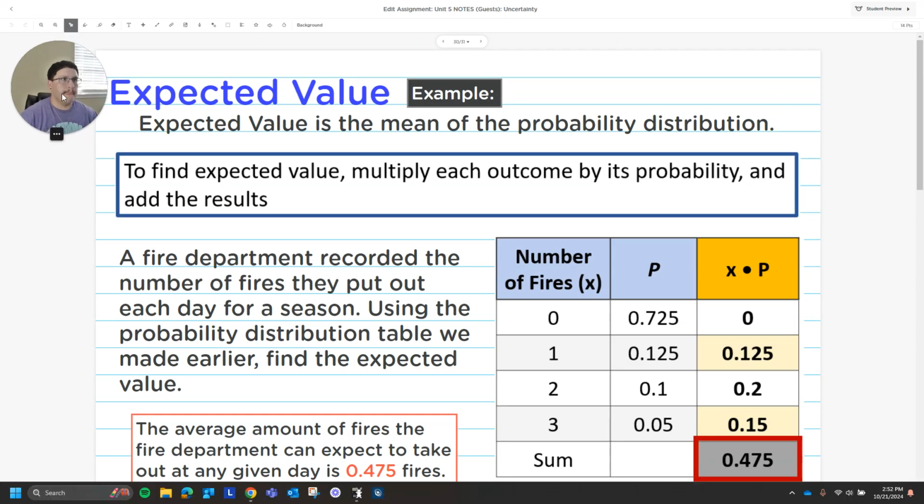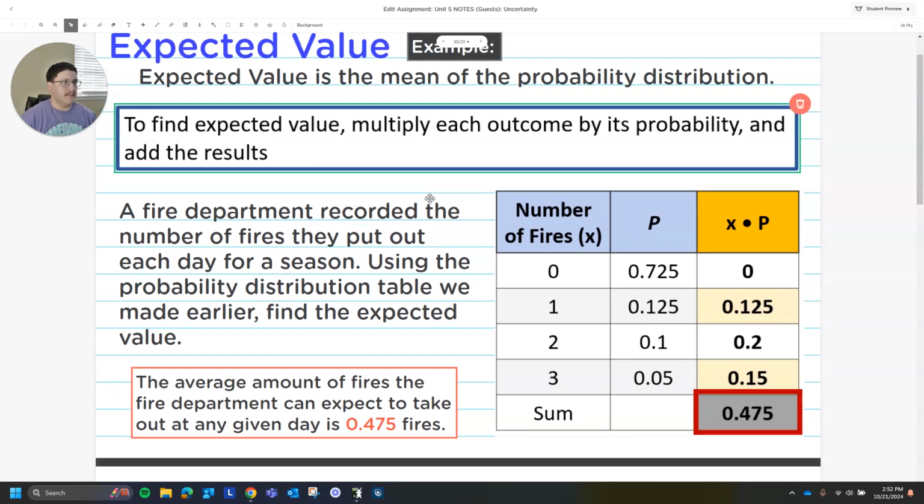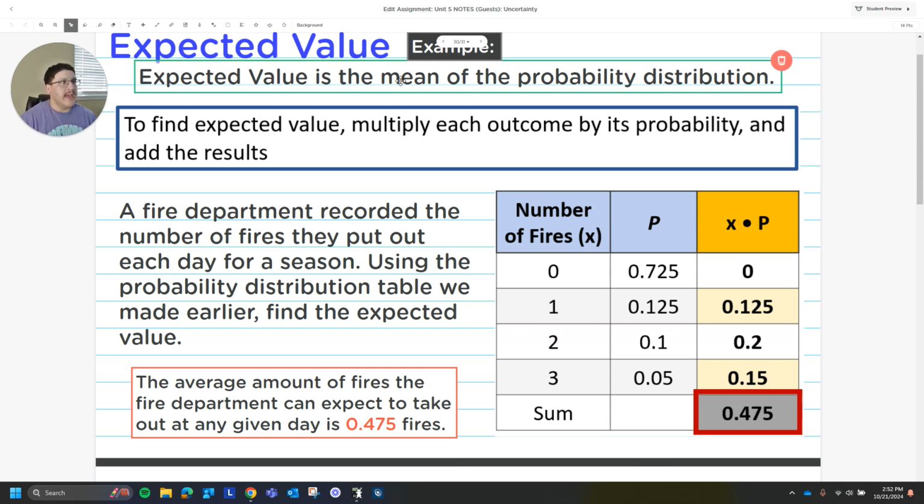All right. Expected value. Expected value is the mean of the probability distribution, the average of a probability distribution table.